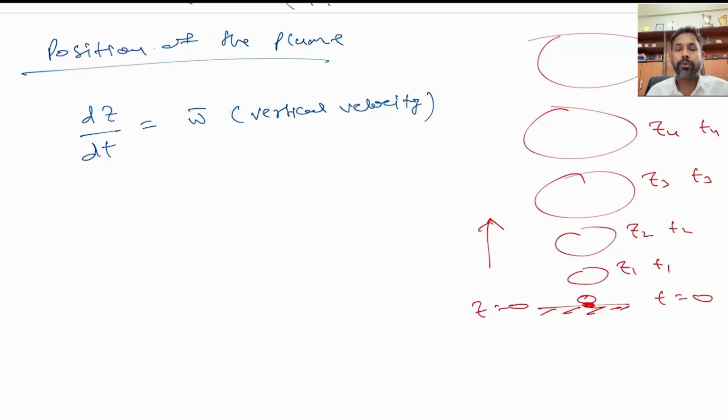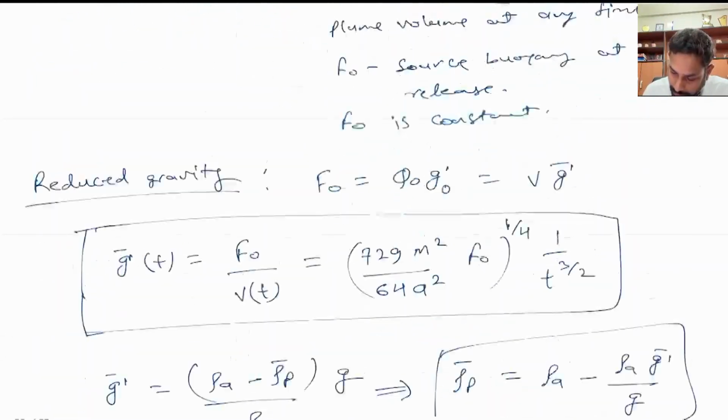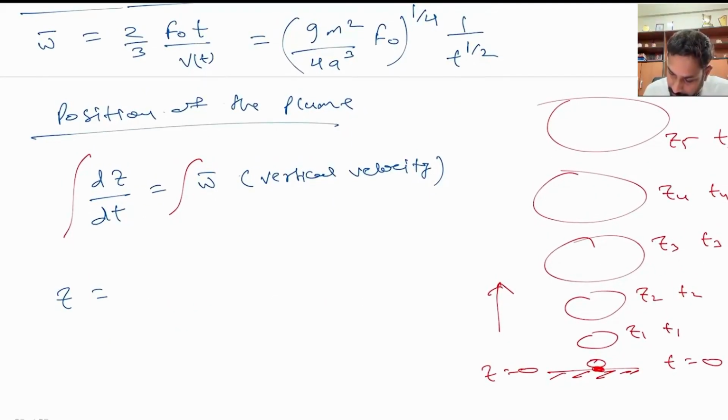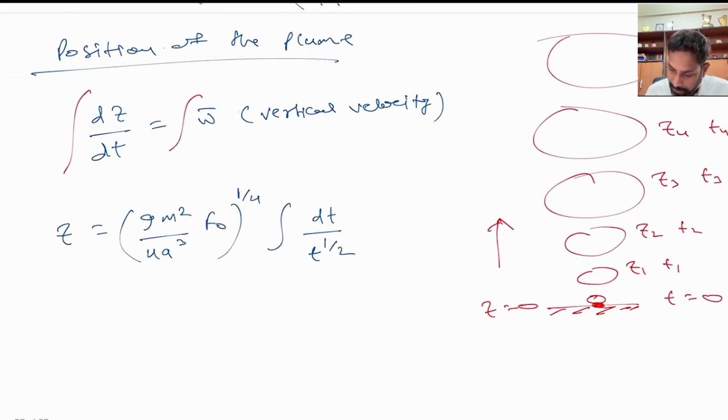So if you want to find the location, you simply integrate the vertical velocity and that will give you the location. If we integrate it, that gives us z as the integral of w bar dt, and w bar is something that we have just found here: 9 m squared over 4 a cubed F naught, times 1 over t to the power 1 by 4. This particular part is constant, so it becomes the integral of dt over t to the power 1 by 4.